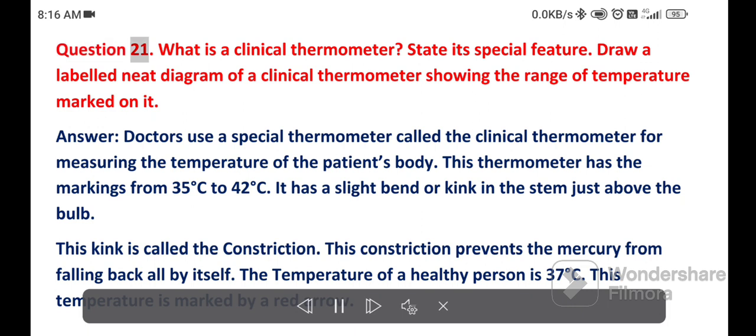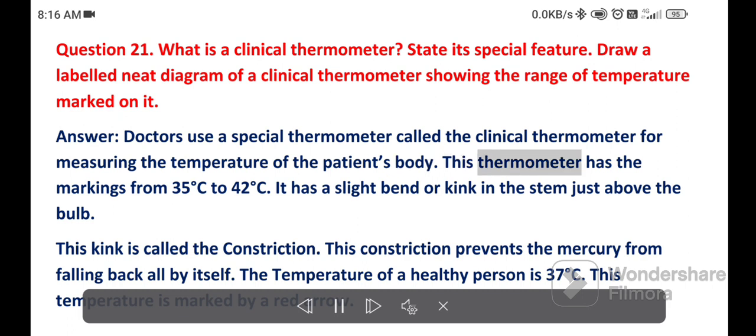Question 21. What is a clinical thermometer? State its special feature. Draw a labeled neat diagram of a clinical thermometer showing the range of temperature marked on it. Answer. Doctors use a special thermometer called the clinical thermometer for measuring the temperature of the patient's body.